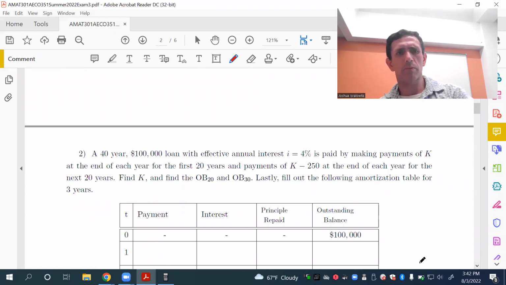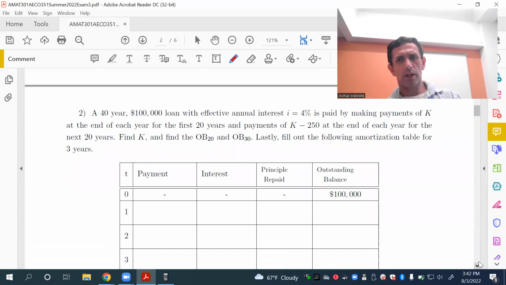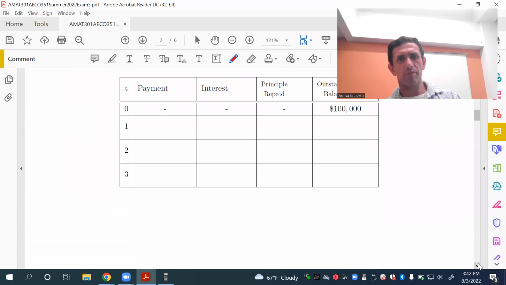Okay, so next problem, you've got a 40-year, $100,000 loan with a common interest rate of 4%. You make payments of K for the first 20 years and then K minus 250 for the next 20 years. Find K, find the outstanding balance after 20 and 30 years, and fill out the amortization table.